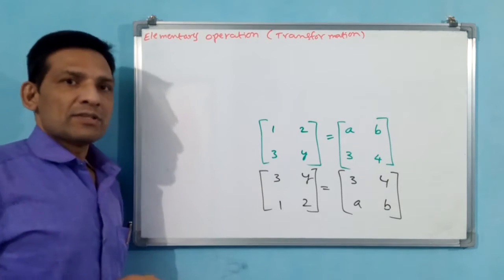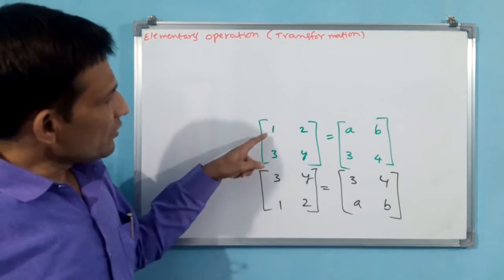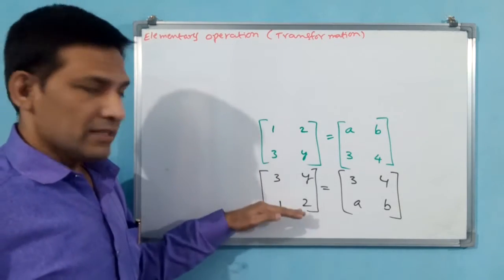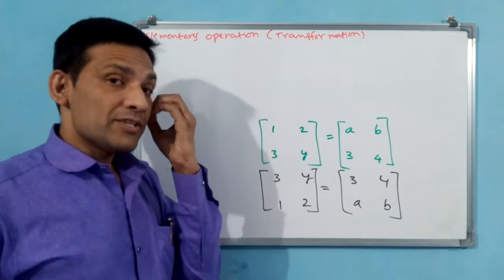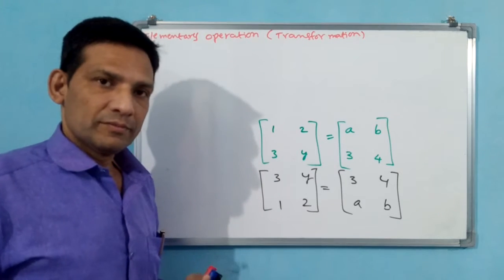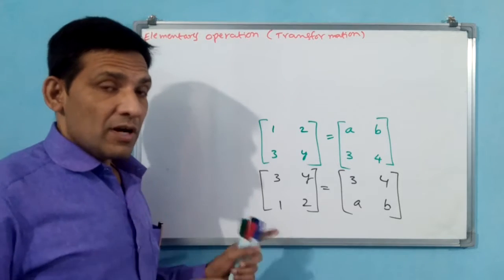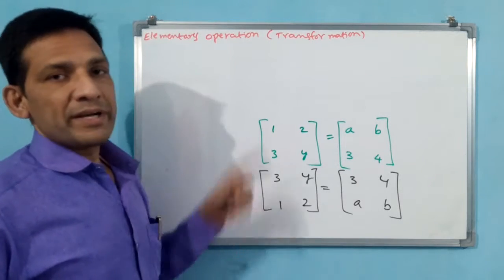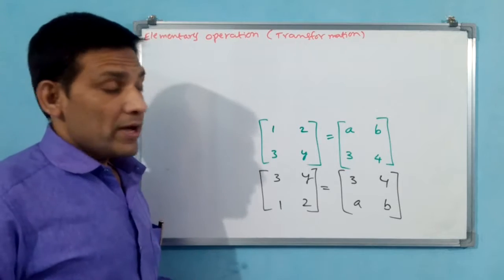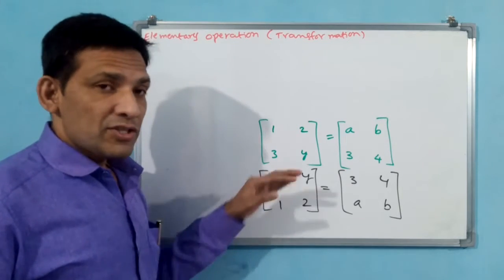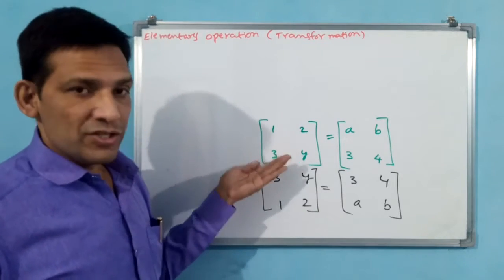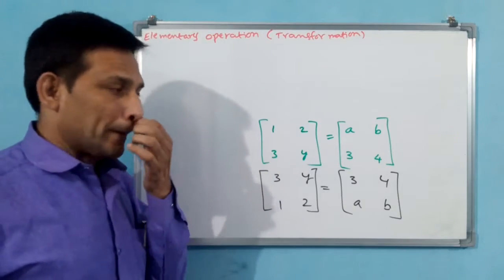What I want to say here is that you have changed rows completely. This is called interchanging of rows. This is not transpose. This is transformation or elementary operation. We are not changing rows into columns. Here we are interchanging rows.